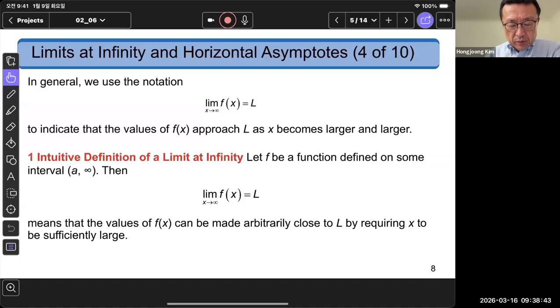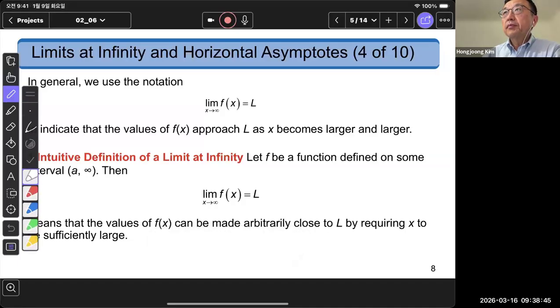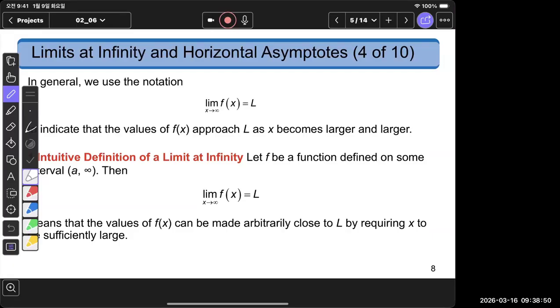In general, we use this notation to indicate that the values of f of x approach the value L as x becomes larger and larger.